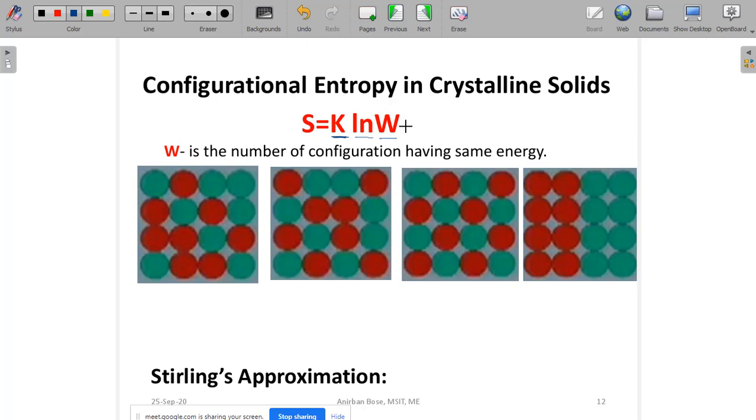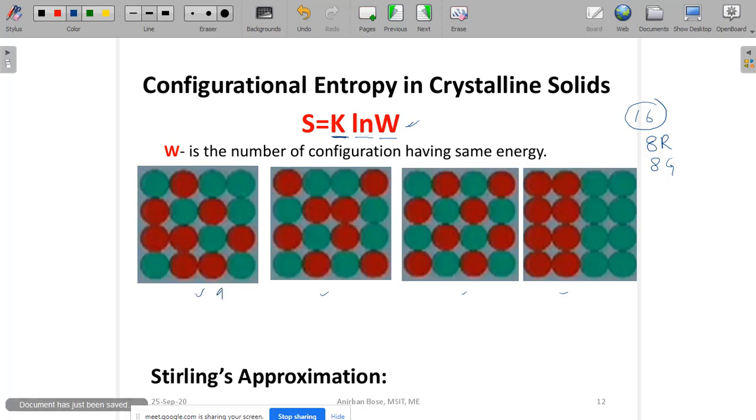What is the meaning of this W? Let us try to understand through these pictures. For simplicity, let us consider there are 16 atoms. In each figure there are 16 atoms where 8 are red and 8 are green, and suppose they are arranged randomly.